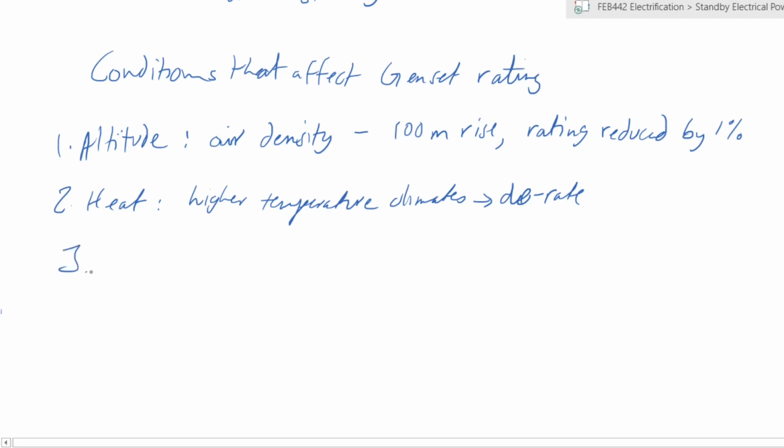The third condition that we must take into effect is corrosive environments. If you have corrosive environments, you must have special coatings and protections. So special protection of the genset to prevent corrosion.